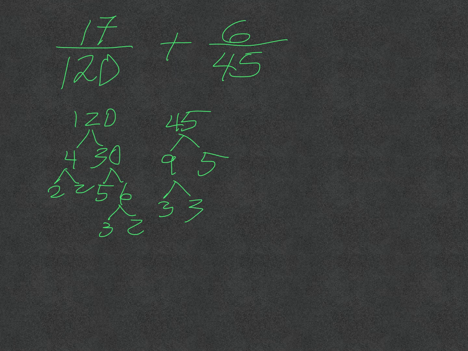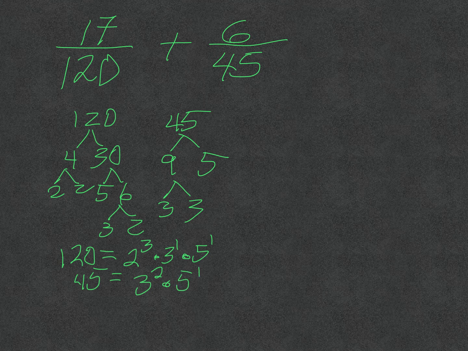Now we have the prime factorization of each of them. 120 we can write as 2 cubed times 3 to the 1 times 5 to the 1, and 45 we can write as 3 squared times 5 to the 1.